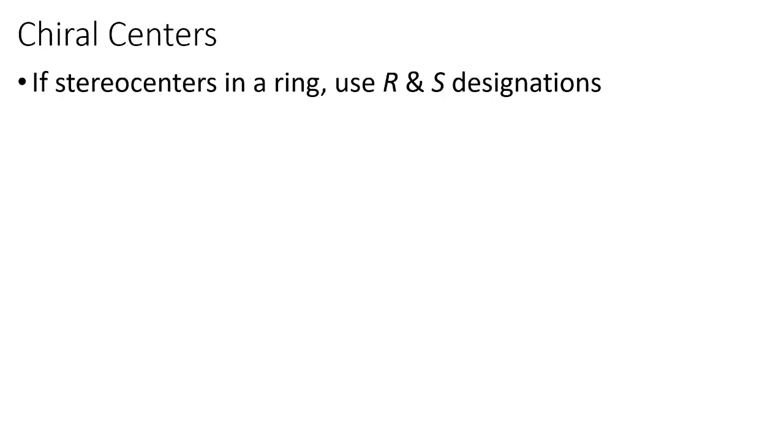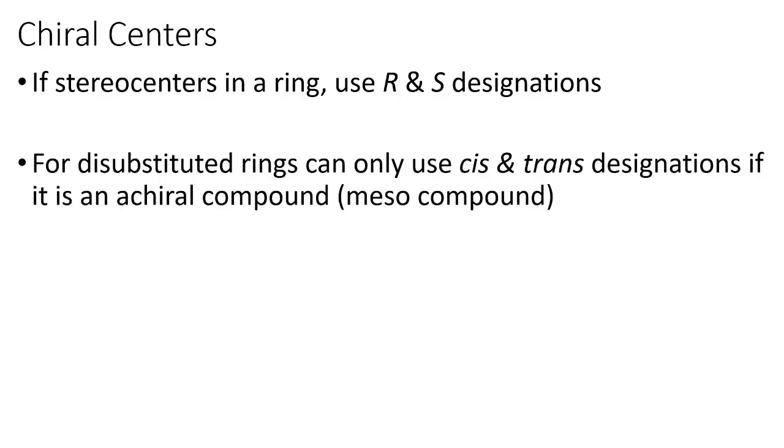If we have stereocenters on a ring, we are still going to use R and S designation even within a ring itself. So in a ring, if we have carbon atoms that have 4 different things attached to them, we will use R and S designation to tell you about the stereochemistry.